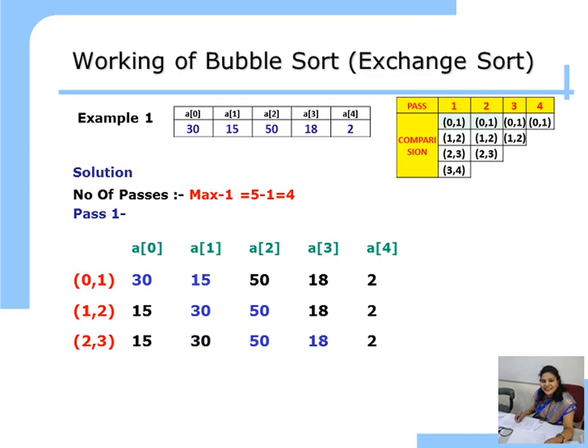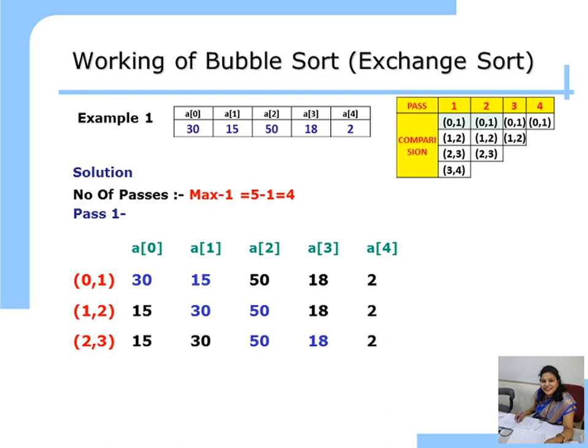Now the next comparison is between the second position and third position. What is present at the second position? It is 50. What is present at the third position? It is 18. Is the second position element greater than the third position element? Is 50 greater than 18? Yes. If it is greater, then we perform what? Swapping.